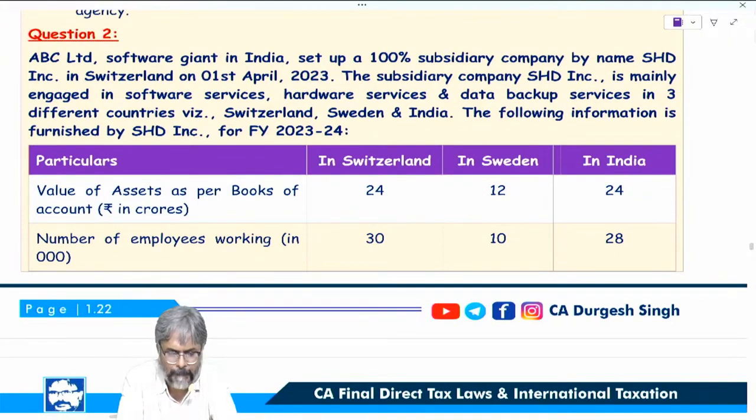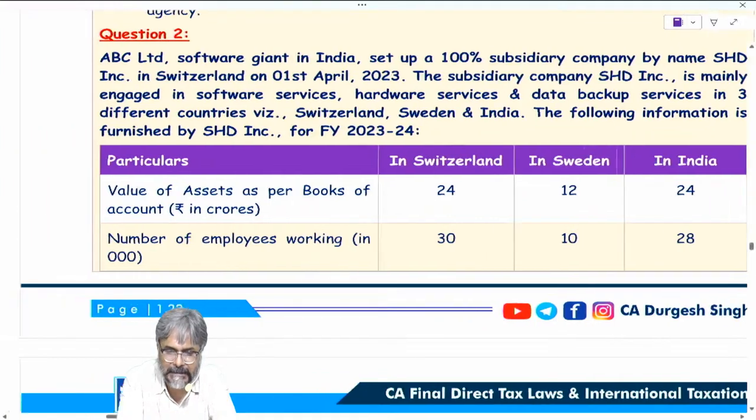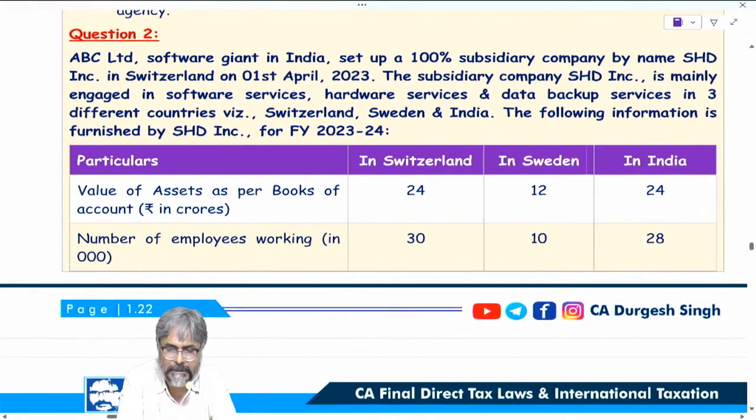We'll complete that also. So, ABC Limited, a software giant in India, set up a 100% subsidiary company by the name of SHG in Switzerland on 1st of April 2023. So this point, students, we have discussed, isn't it? Remember that? And what was the discussion?